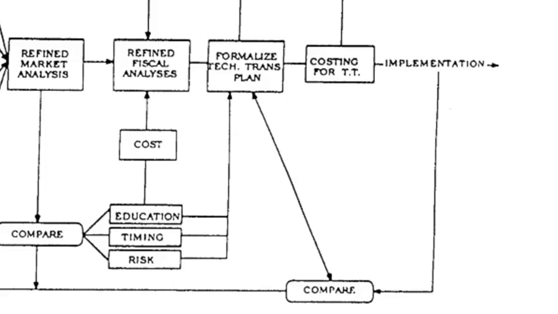You'll also notice that comparisons are made, that's why that feedback is back there with your original market analysis. And then, of course, you figure out what it's going to cost to do this transfer. There's a cost for moving the product out into use and into implementation.